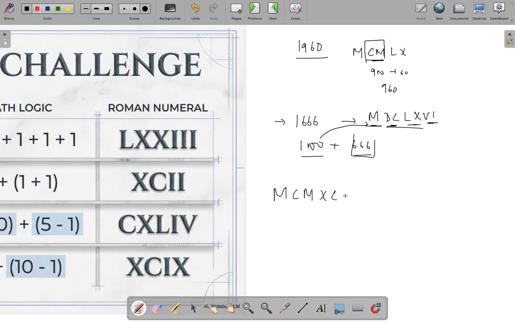Sir, I have again written my answer. Okay, 1990. Yeah, see, why can't we add C to M? And why are we subtracting C from M? So why are we not taking this pair as MC but taking this as CM? Because, sir, if we add MC, it will become 1100. Yeah, so what is the problem with that?